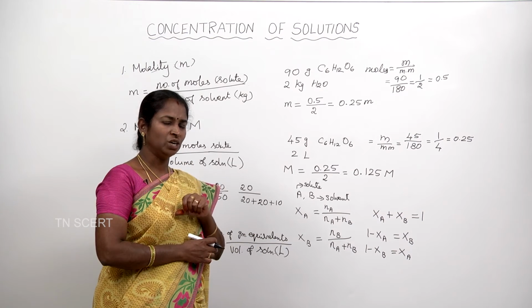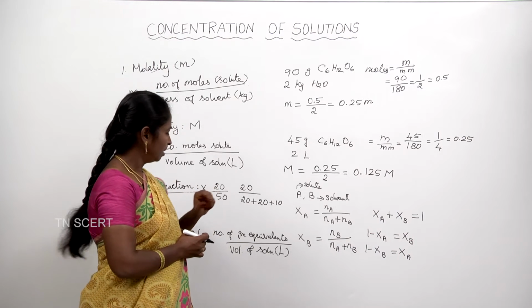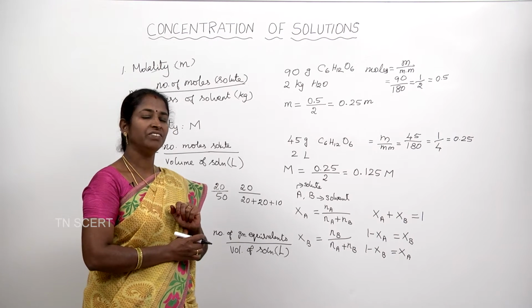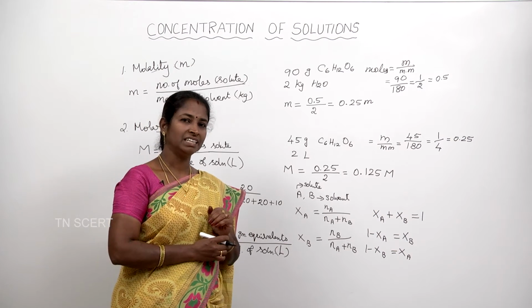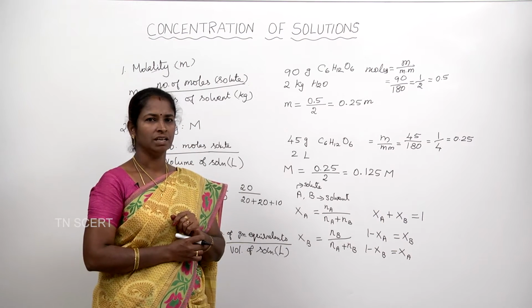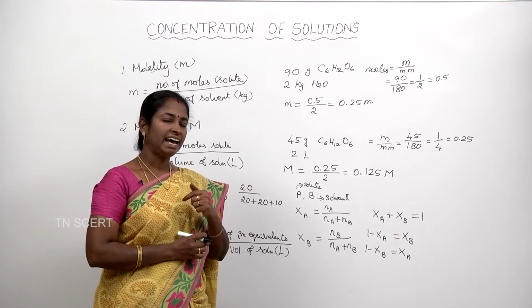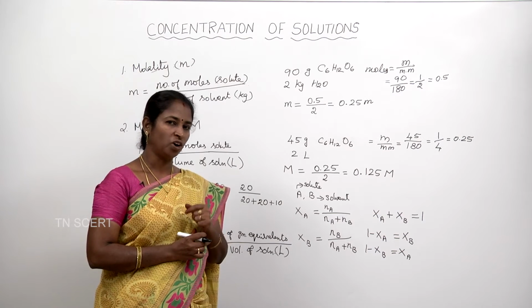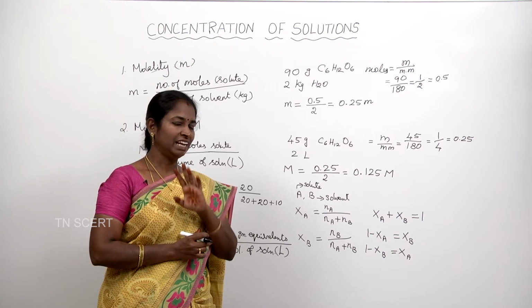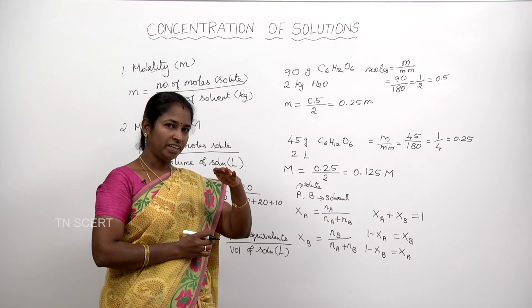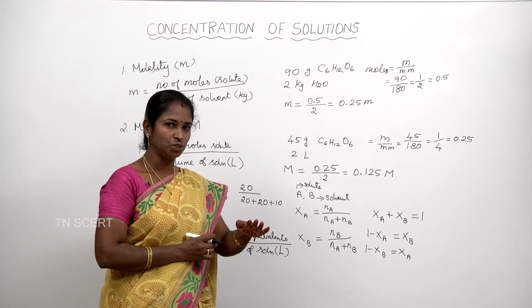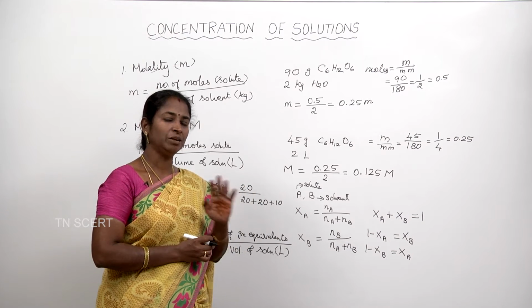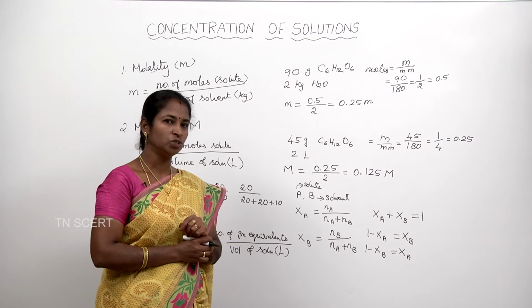How to calculate equivalent mass? The atomic mass divided by the valency will give you the equivalent mass. Say, for example, calcium has an atomic mass of 40. You know its valency is 2. So, 40, the atomic mass, divided by its valency 2 will give you the equivalent mass of calcium, which is equal to 20.